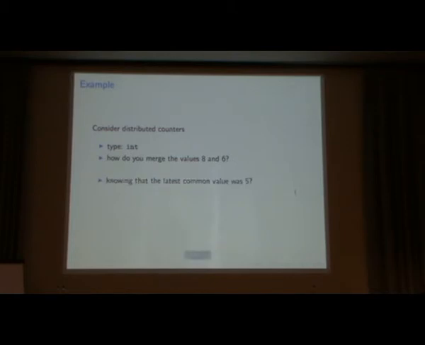Now, if you only have two values, it's impossible to merge. But actually you started from a common value which was 5. So what is the result of the merge? Any idea? 9. Yay! Okay, so you took the common ancestor and you computed the diff between the two states, and then you have the final result, which is a merge of the diffs from the two diverging states.